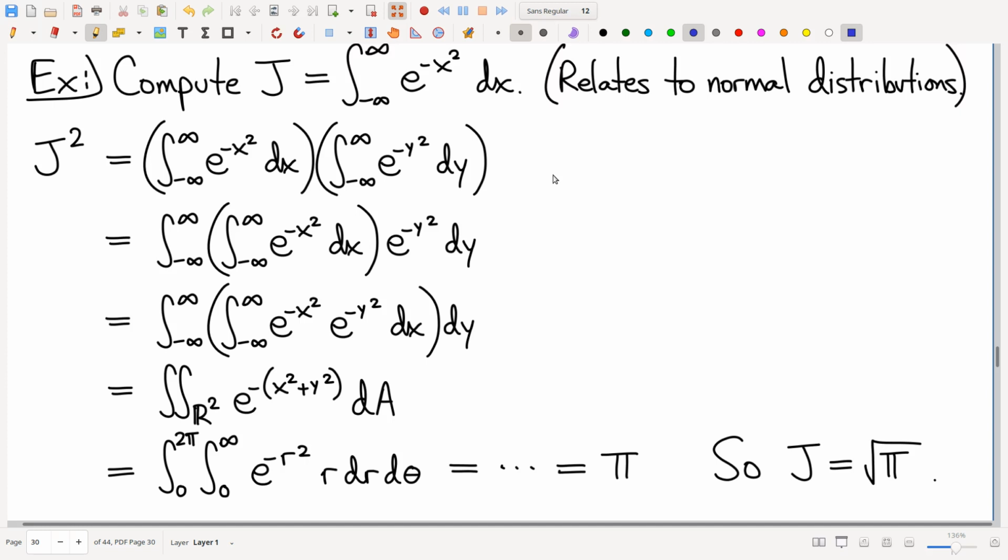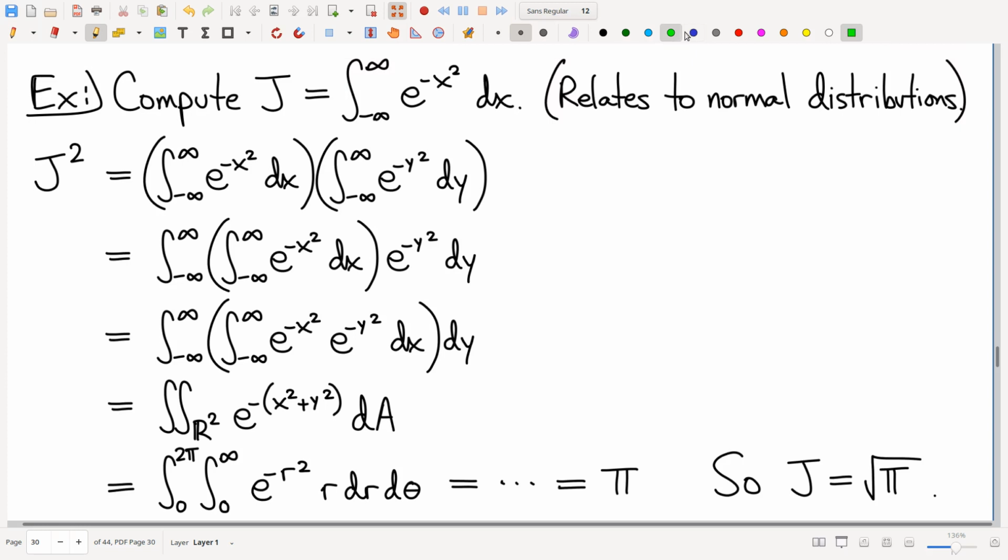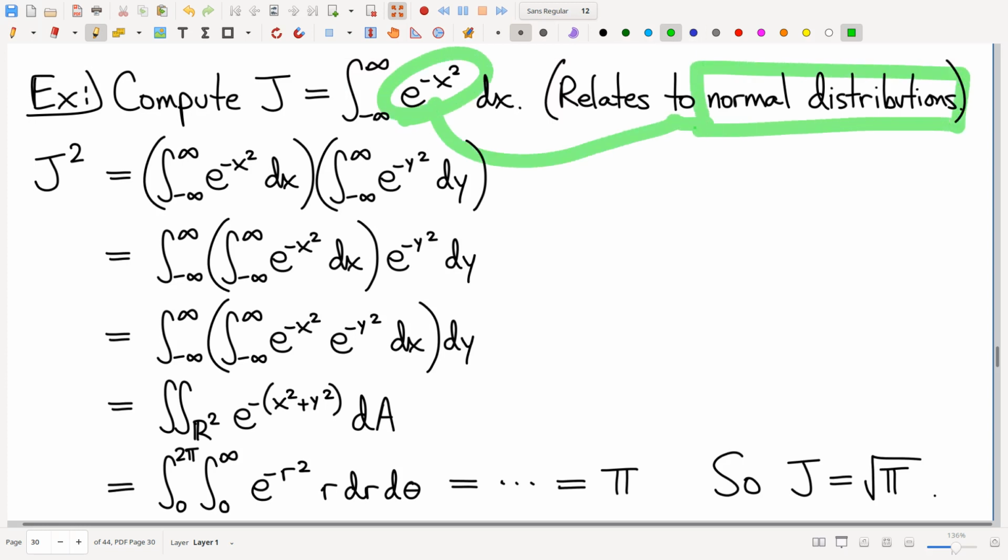So we very often find ourselves integrating functions that define probability density. And that's actually exactly what this is, sort of. In particular, this is, except for a certain constant, pretty much what we mean by what's called a normal distribution.